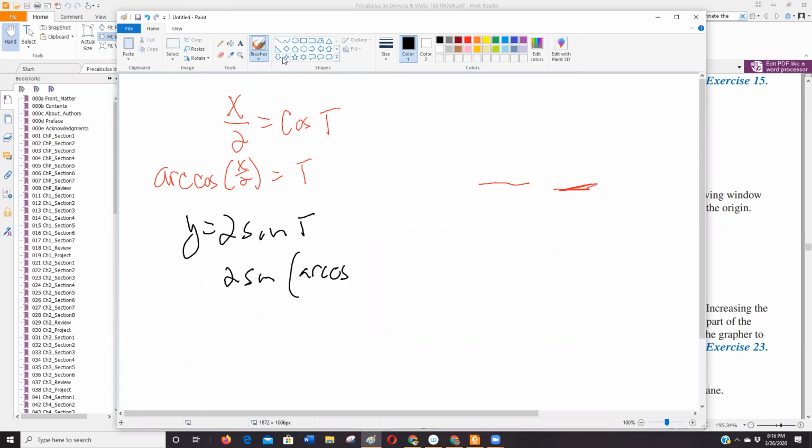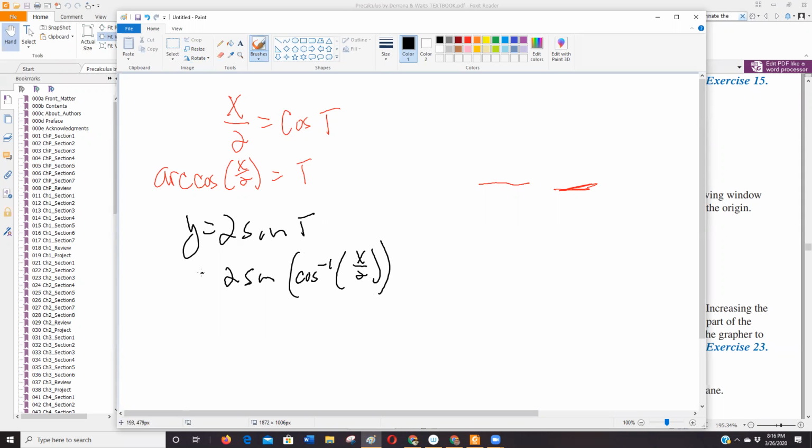I'm going to switch to using the inverse, cosine -1 of x over 2.